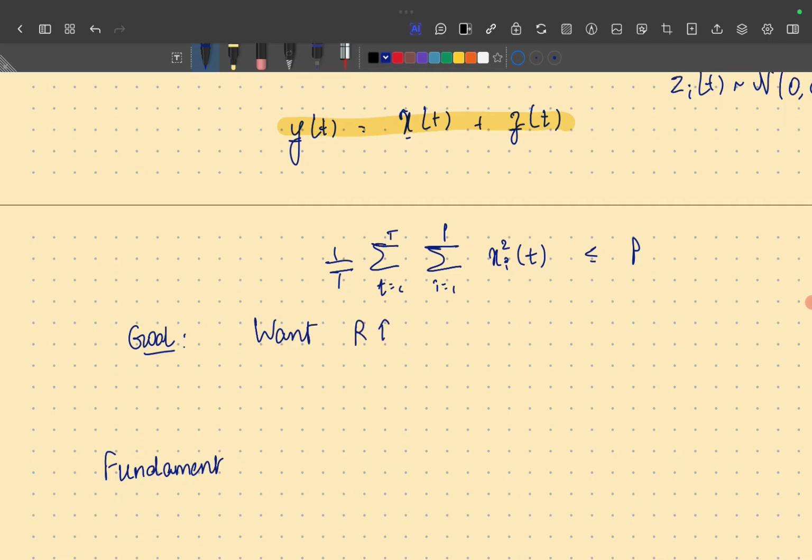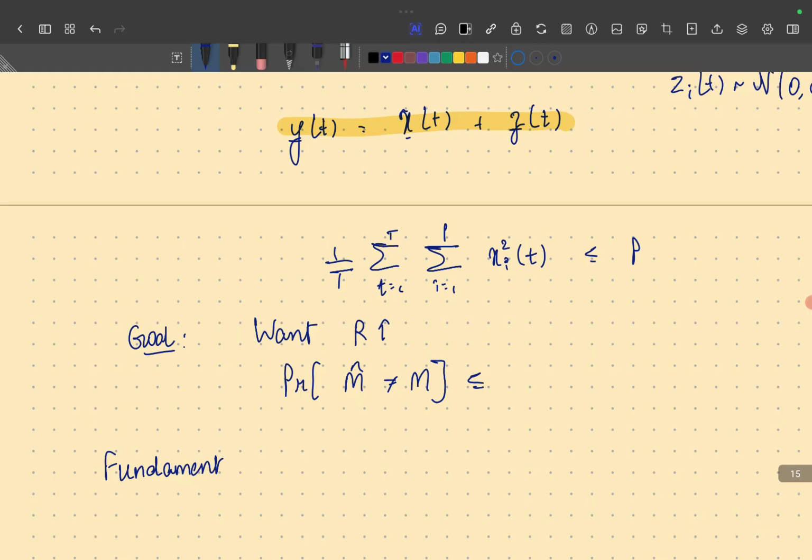So you want R to be as large as possible, but again, you can't make R arbitrarily large, because if you try to transmit too many bits, then after all the channel is noisy, right? So you can't recover exactly what you have transmitted. So you want the probability that m hat is not equal to m to be as small as possible.